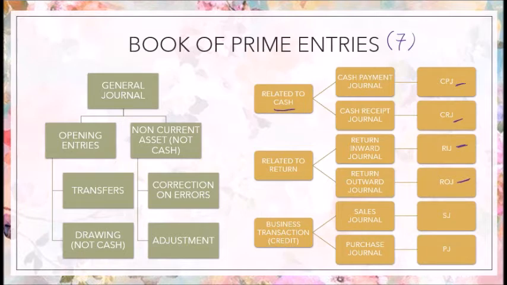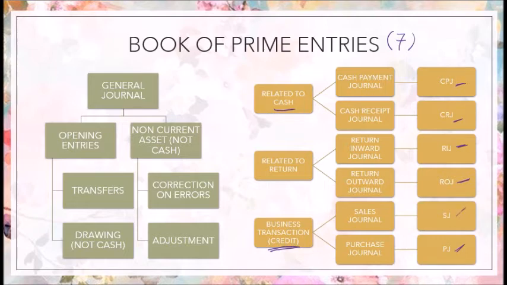The next one is business transactions by credit. Any transaction by the business on credit goes into the sales journal, SJ, and the purchase journal, PJ.